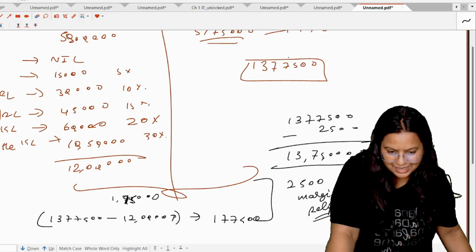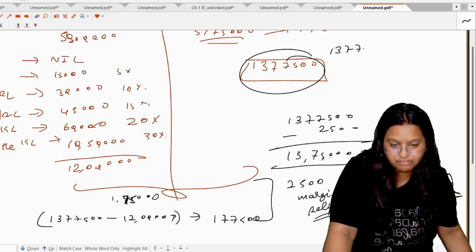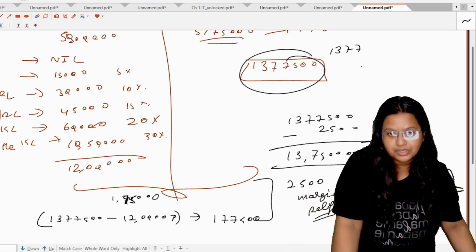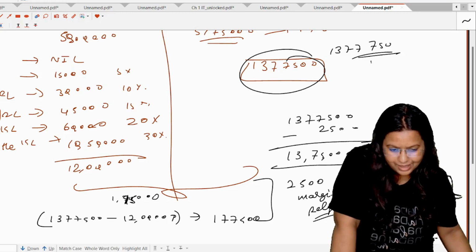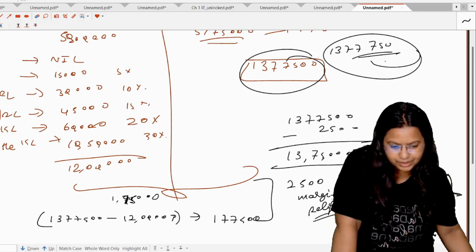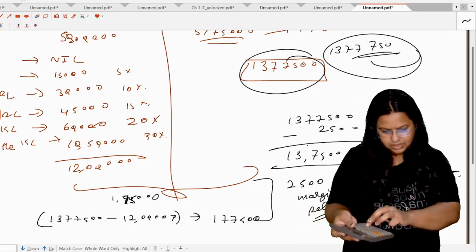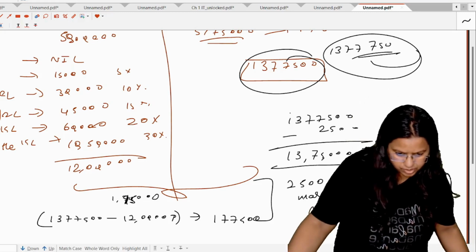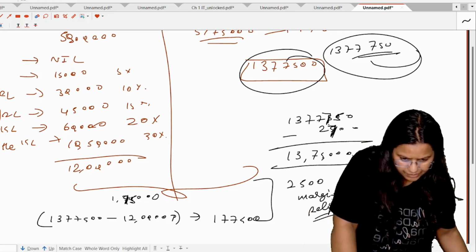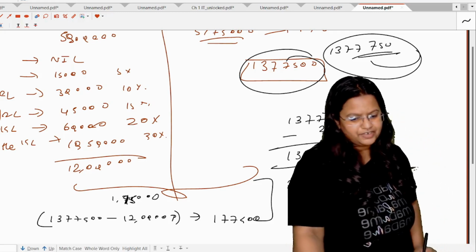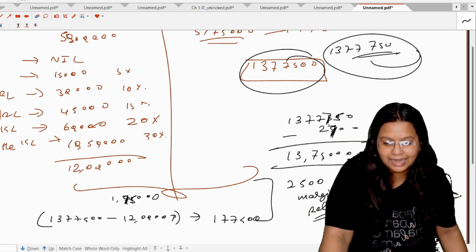Students, by mistake, I have written this figure as 13,77,500, but the actual figure which we calculated on the calculator was 13,77,750. So as per this, the marginal relief will be 2,750, not 2,500. The answer is the same, that is 13,75,000. On this the health and education cess shall be applicable at the rate of 4%.